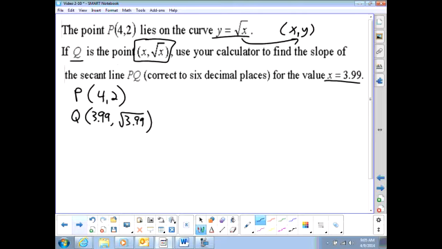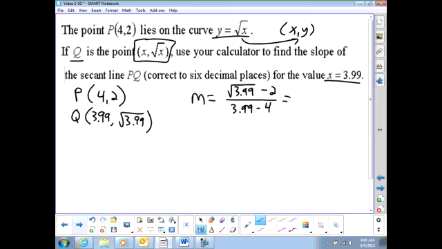Now all we have to do is the slope. We'll do our change in y over our change in x. So we can do square root of 3.99 minus 2 over 3.99 minus 4. Again, that's just change in y over change in x.